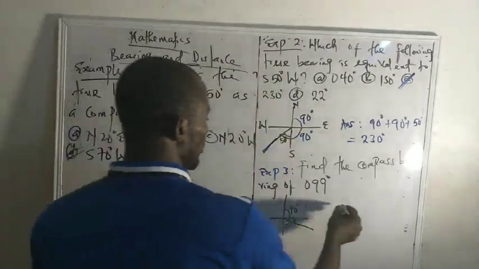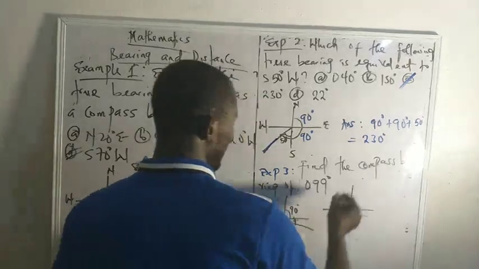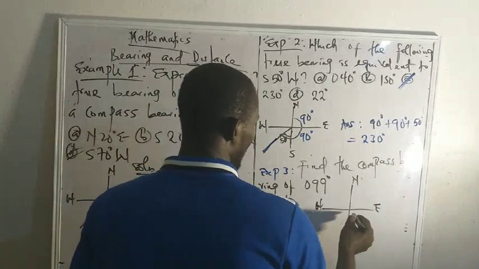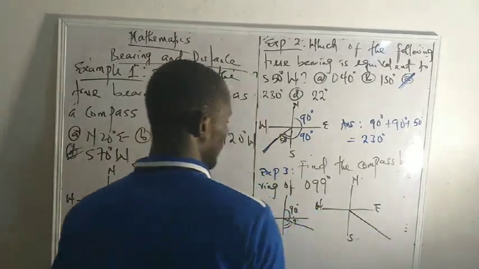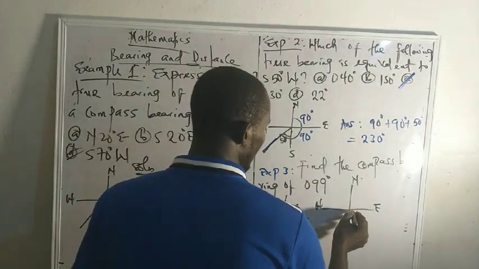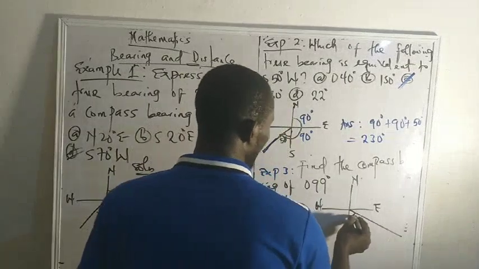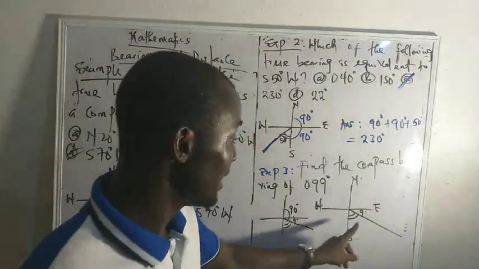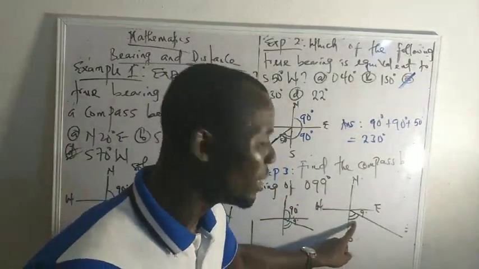Okay, let me draw it for clarity. This is north, east, west, south. This is where I am now. I'm looking at this angle here. Already I know that this is 9 degree. So what angle will be left here?